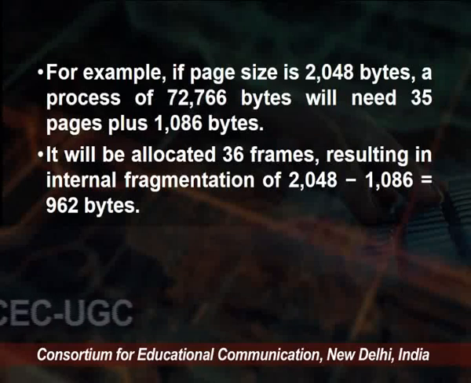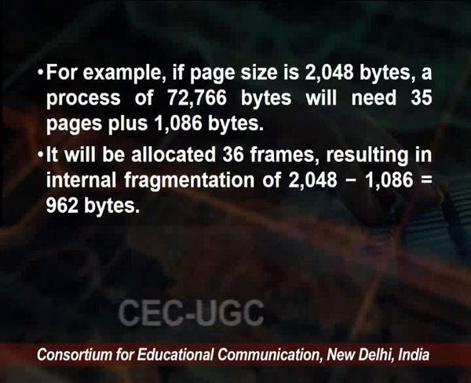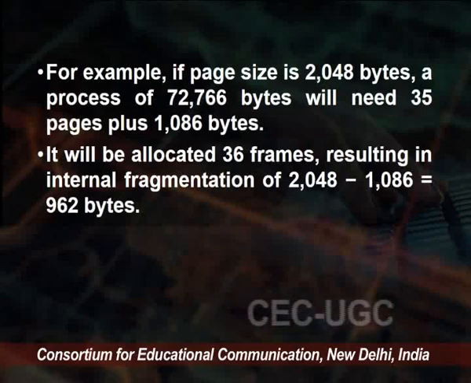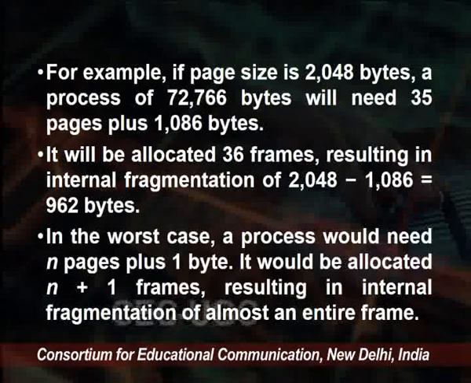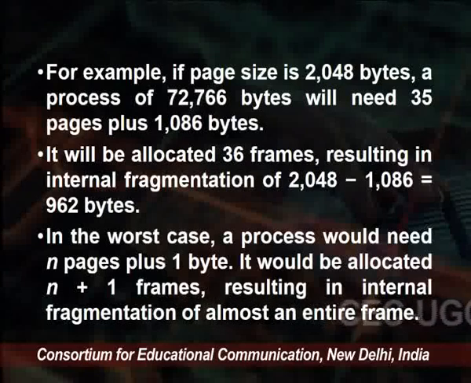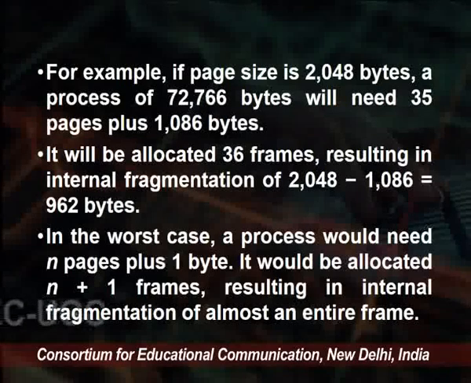Now the first 35 frames will be completely occupied, but the last frame may be less occupied. The worst situation can be when there is one frame which has only a few bytes, say 1 byte or 2 bytes. So that can lead to internal fragmentation, resulting in a loss of one complete frame.